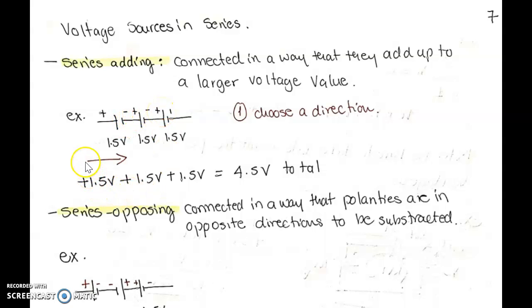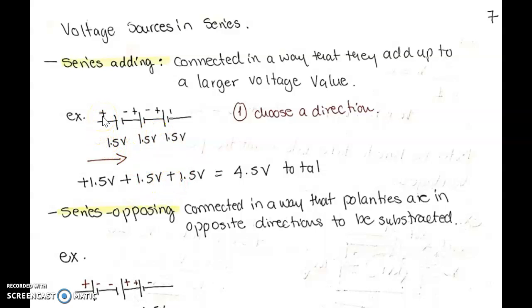Then we choose a direction. I'm going to go from left to right. So how do I do it? I'm going to write the value of the battery, in this case 1.5 for all of them.